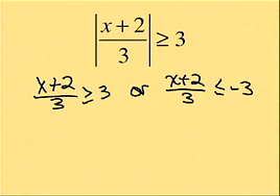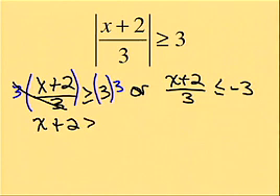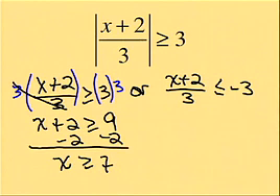In this case, we need to multiply both sides by 3, and those cancel each other to 1. We get x plus 2 is greater than or equal to 9. Subtracting 2 from both sides, we get x is greater than or equal to 7.